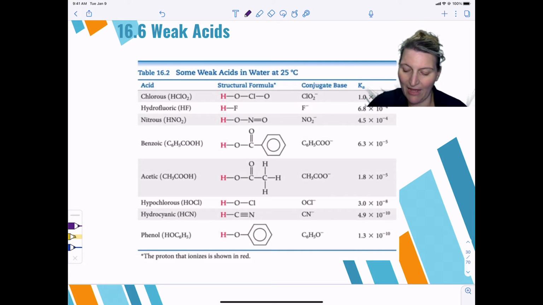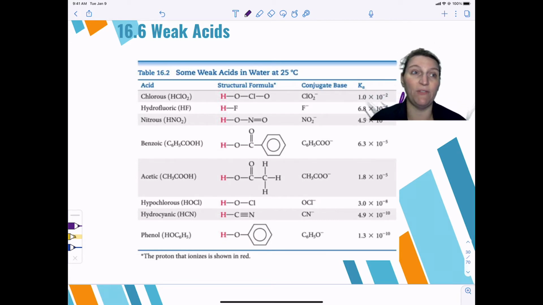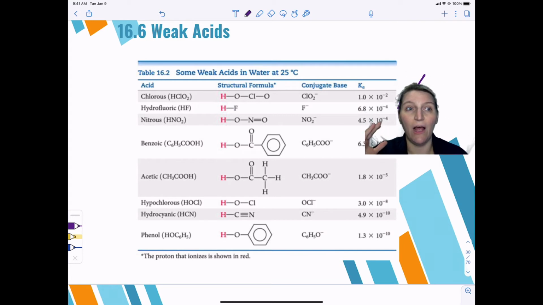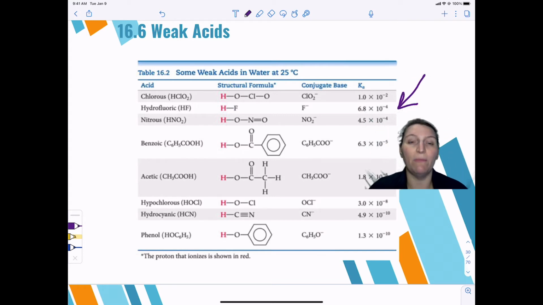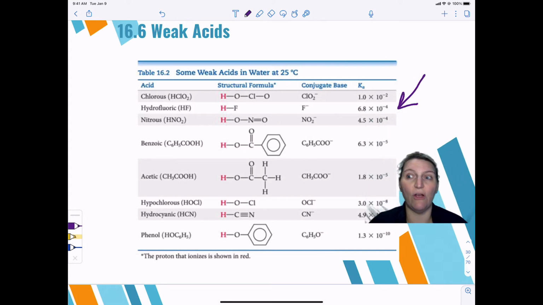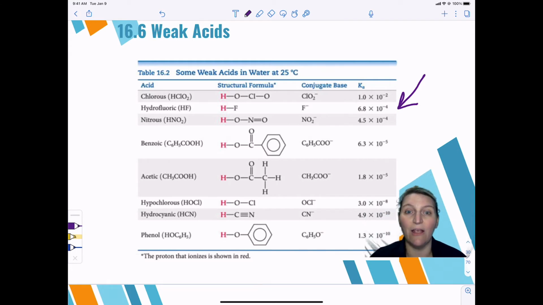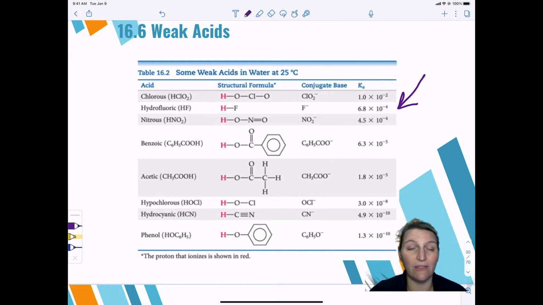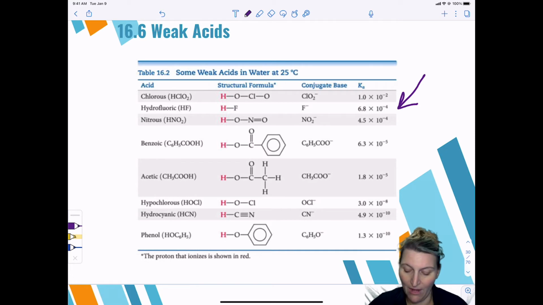You'll look at the Kas and you'll notice that they're all very low. When we were doing Kcs and Kps, sometimes they were like 50, 59, numbers that were greater than 1. Remember, this is essentially the ratio of products over reactants. Weak acids do not completely dissociate, so we would be thinking that it's a small number.